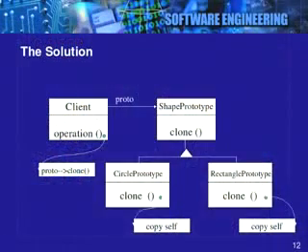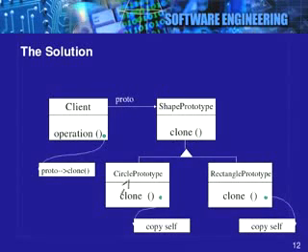Now let's look at this solution. On this slide we see that you have organized your shape objects in a hierarchy. So you have the superclass over here which is titled shape prototype. It's a prototype for all shapes and it supports a member function called clone, and you have a circle prototype and you have a rectangle prototype.